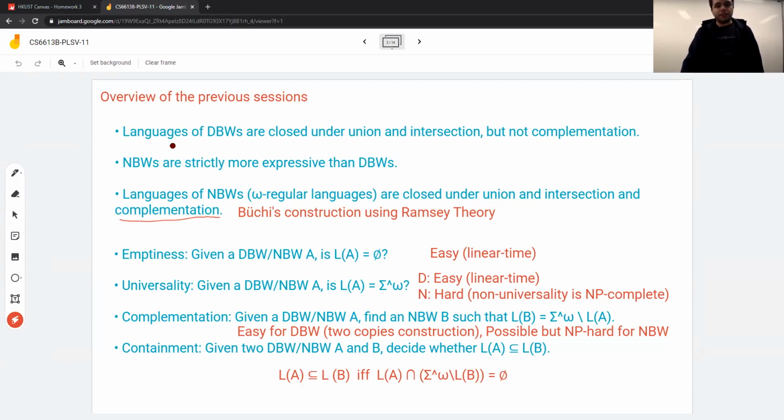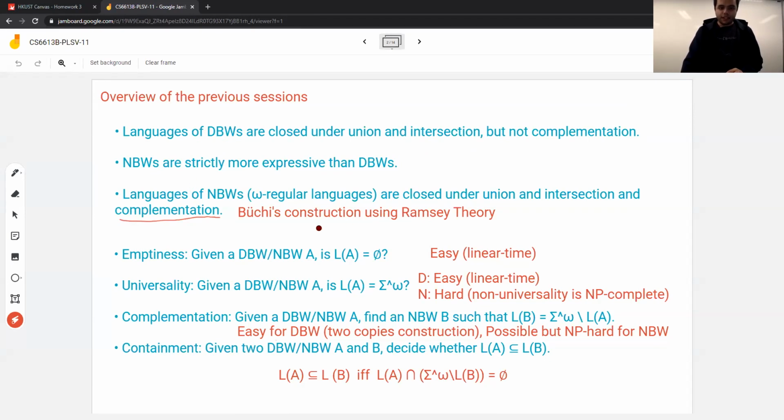And we saw that the languages of deterministic Büchi automata are closed under union and intersection, but not under complementation. This was the notorious example of the language of all strings that have finitely many zeros. And then we also saw that non-deterministic Büchi automata are strictly more expressive than the deterministic case.